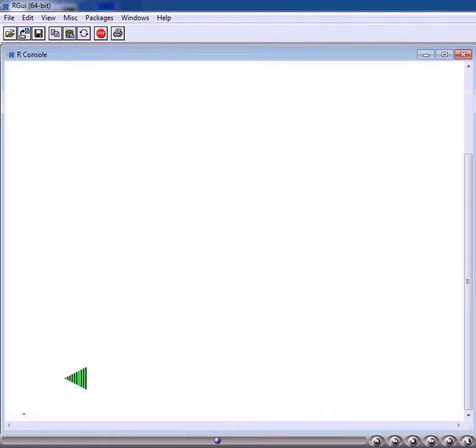Also, a general expression involving numerical quantities, for example 2 plus 3 into 4, works just like mathematics. That is, we'll be getting the result as 14.